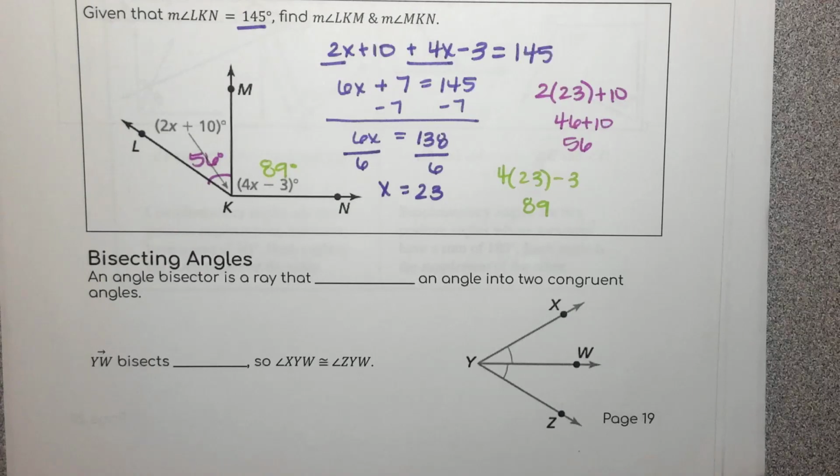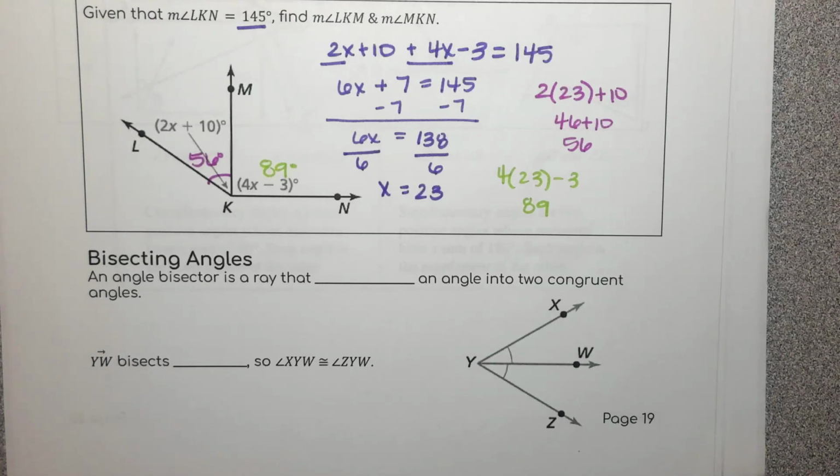Alright, last concept that we're going to cover is bisecting angles. So, bisecting an angle. An angle bisector. What did bisector mean when we were doing segments? It splits something in half, right? So that we get two equal pieces. Bi means two, sect means to split.